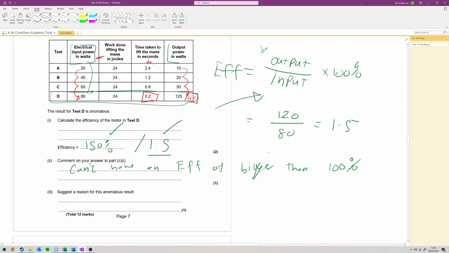But this is wrong. So what happened with the time? Well, either they started the timer too late, or they stopped the timer too soon. Or if you wanted to say it in general terms, the recorded time is much shorter than the actual time. So let's say they started the timer too late.